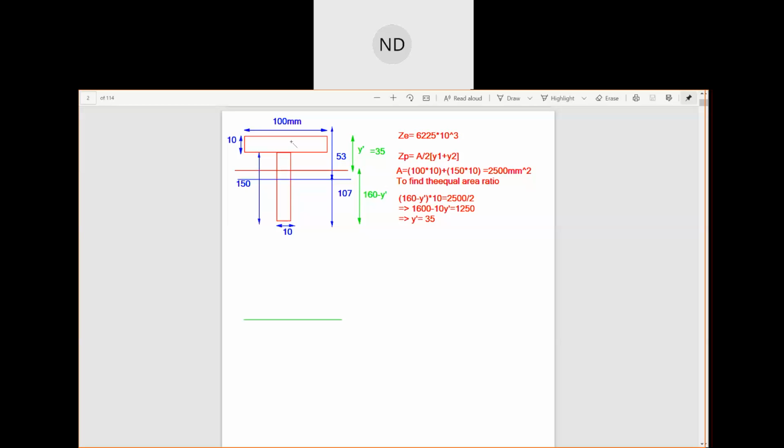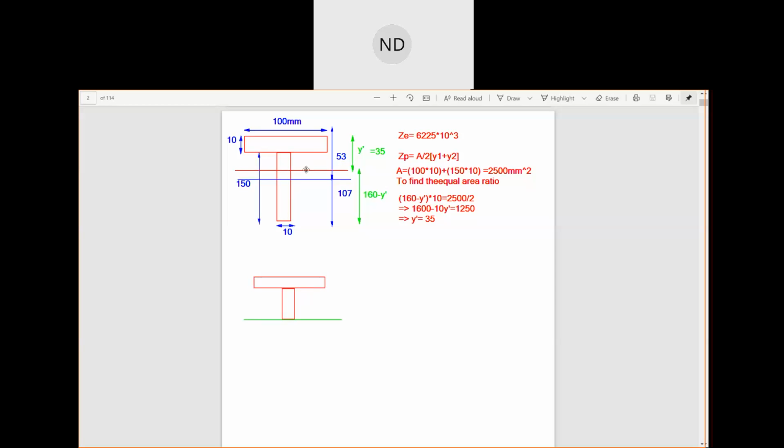The top portion is this, the portion above the equal area axis.